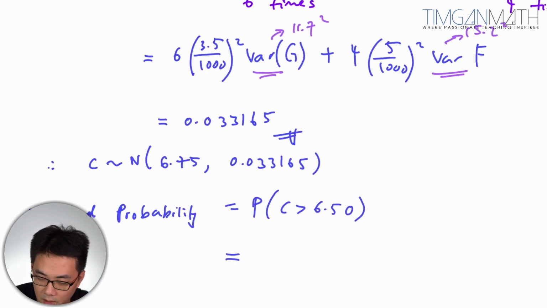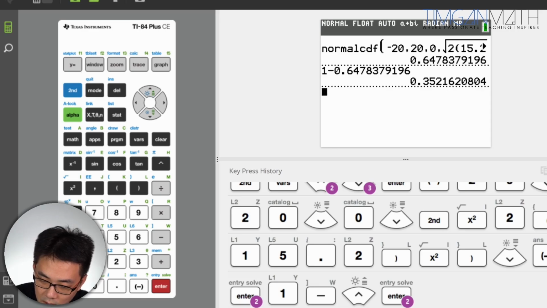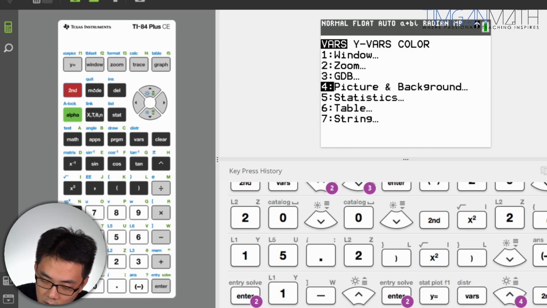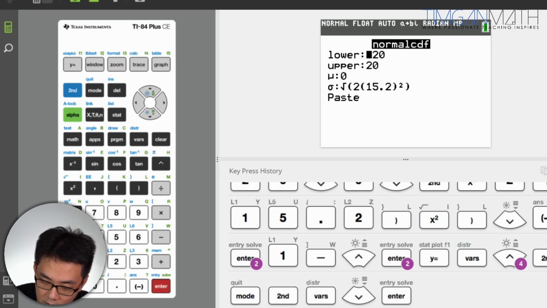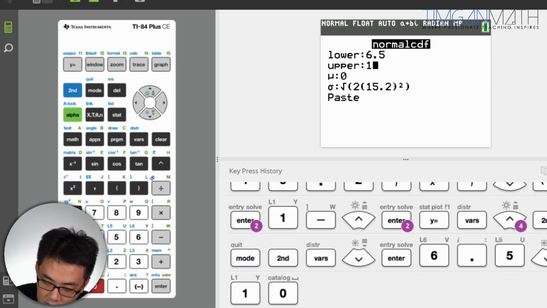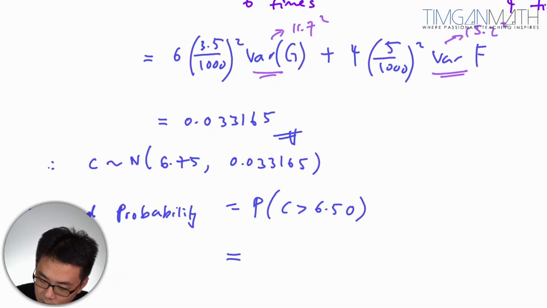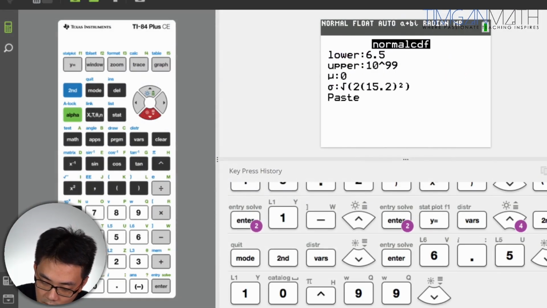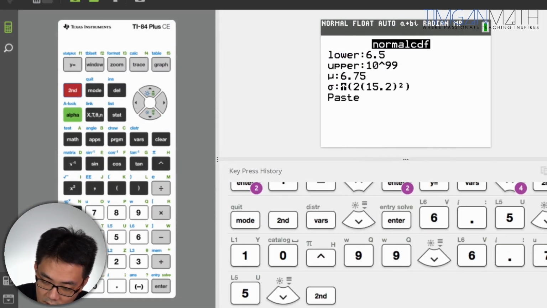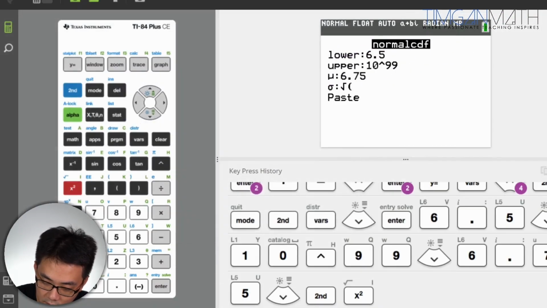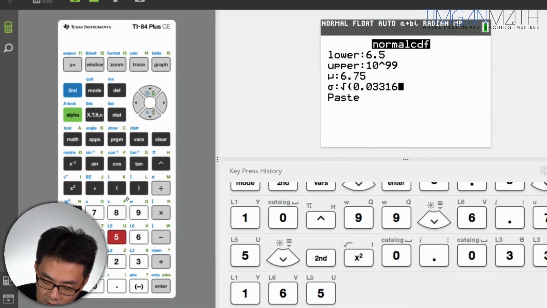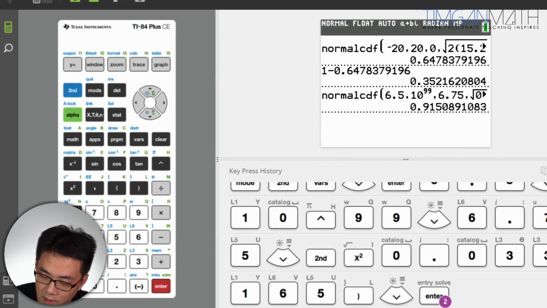That will be key-in calculator: second distribution, normalCDF. Then lower is 6.50, upper is 10 to the power of 99, mean is 6.75, and standard deviation is the square root of 0.033165.